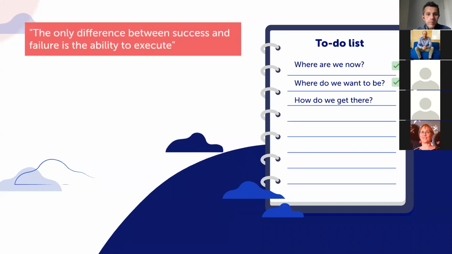But I do want to point out that the only difference between success and failure is this: execute things. I've got a lot of experience in IT, and I have seen a hell of a lot of great plans and great ideas on paper, in boardrooms, in offices, up on whiteboards.